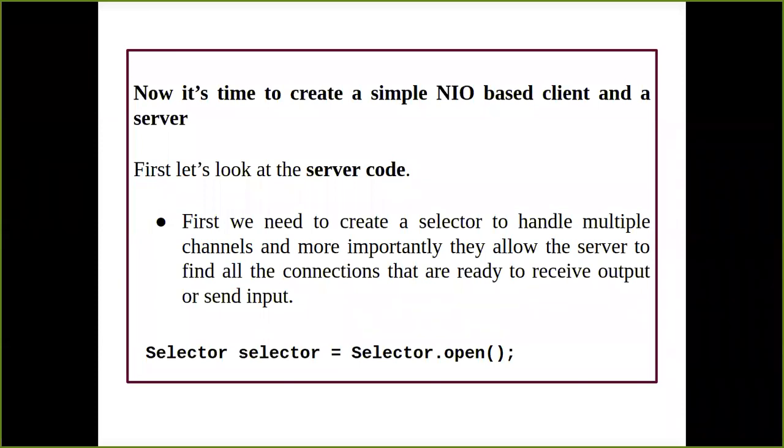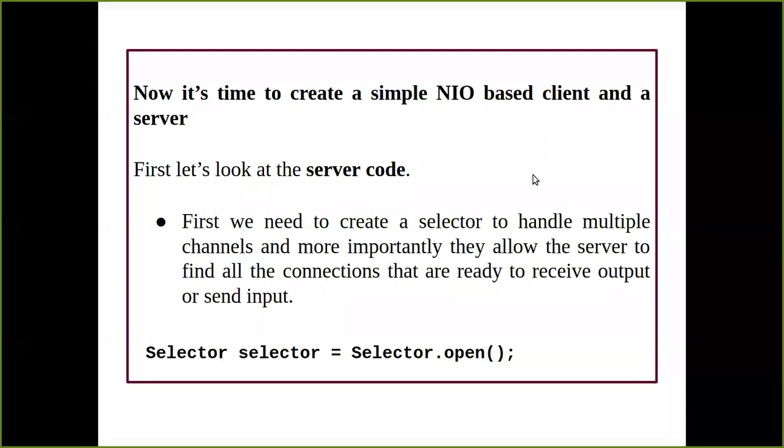It is going to allow the server to find all the connections that are ready to receive output or send input. So the selector is going to help the server accept all the connections from the clients, with the selector present between your client and the server.